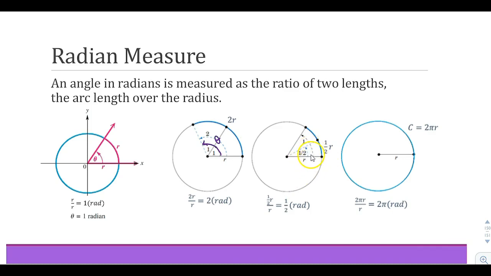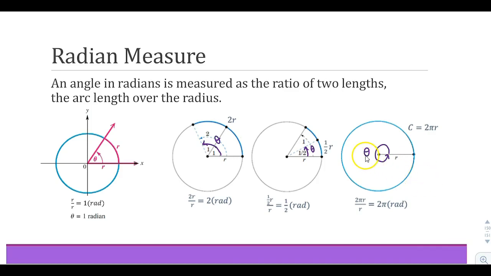In this example, we're looking for the measure of this angle here, call it theta. The arc length is only half an r, and the radius is r, so for that ratio, 1/2 r to r, the r's cancel, and we end up with half a radian. For this last one, we're looking for the measure of an angle theta that makes 1 complete revolution, all the way around.